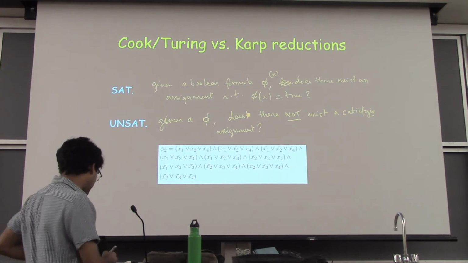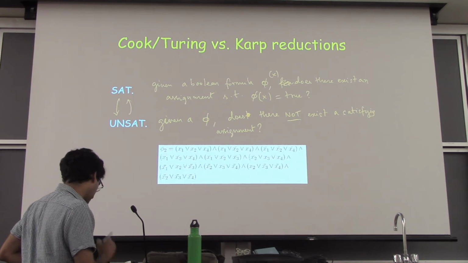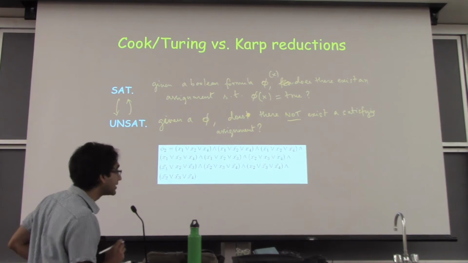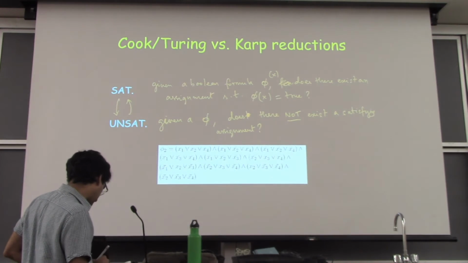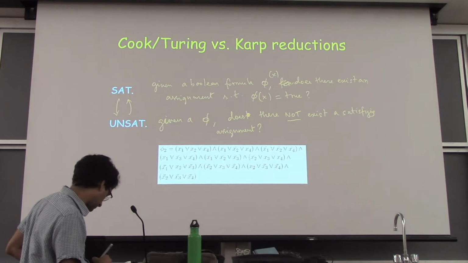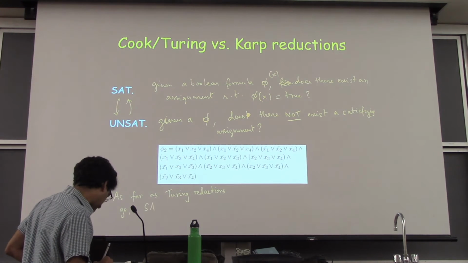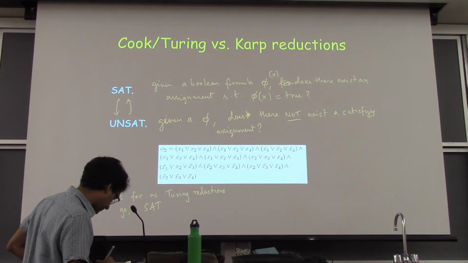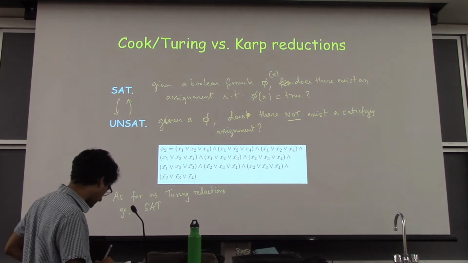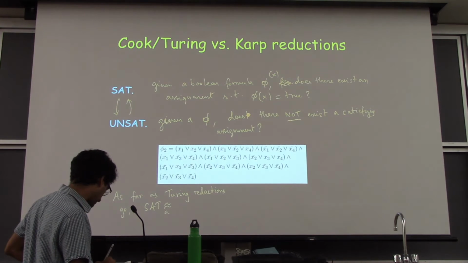So you can do both-sided reductions if you are allowed these oracles. In the Turing reduction sense, these two problems are equivalent: each is as hard as the other.